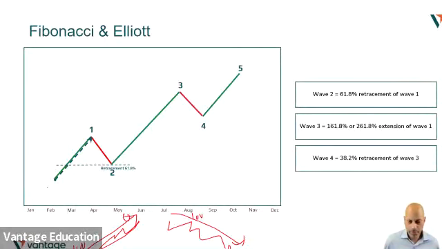So when we apply Fibonacci retracement on wave one, we start here, this is 100%, and when you end the retracement here, this is 0%. So wave two will retrace up to 61.8%.